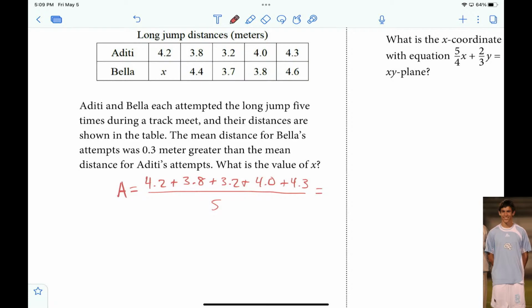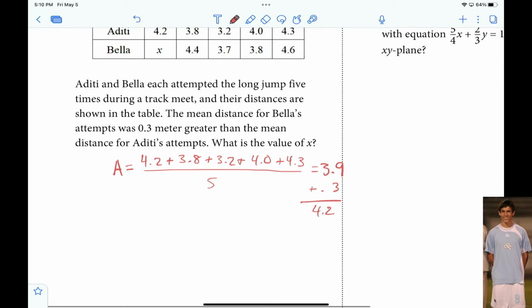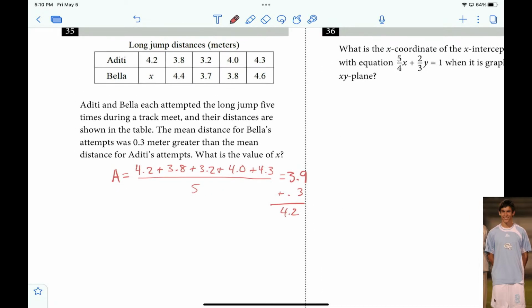Let's see, 8, 12, 16.3, 19.5. Yeah. So 3.9. So we're now going to add 0.3. So we get 4.2, because that means that Bella's mean is 4.2.